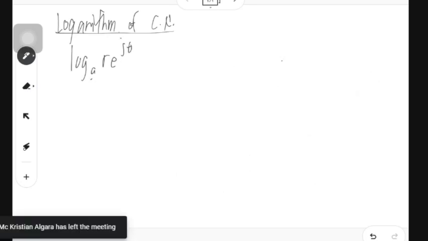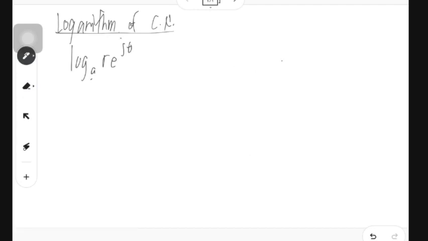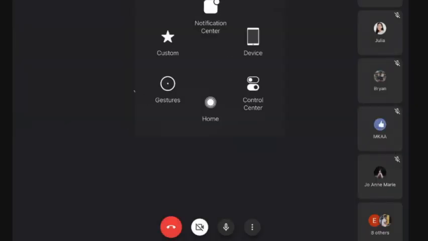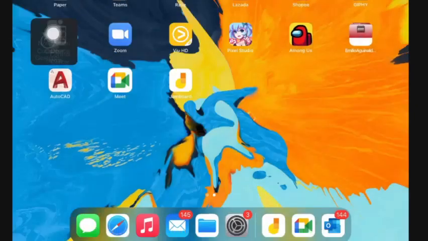Normally, when the base is 10, there is no need to write it. It's considered a common logarithm. Whenever you encounter a logarithm problem without a base, it is understood to be 10.